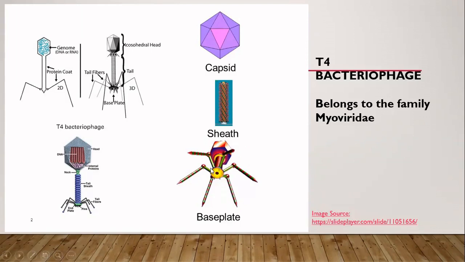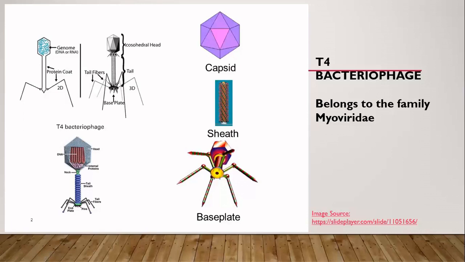Below the tail is this base plate. The base plate is hexagonal, and the tail fits into a hole which is there in the base plate. There are 6 tail fibers or spikes that are attached to the 6 corners of the base plate. Remember, the base plate is hexagonal and the tail fibers are attached to the 6 corners.